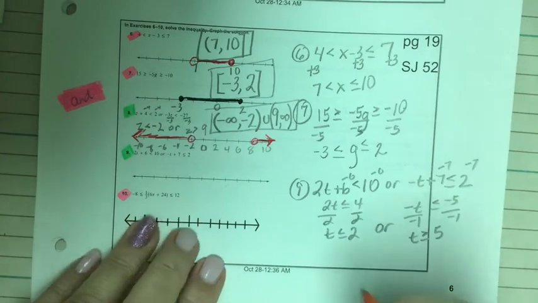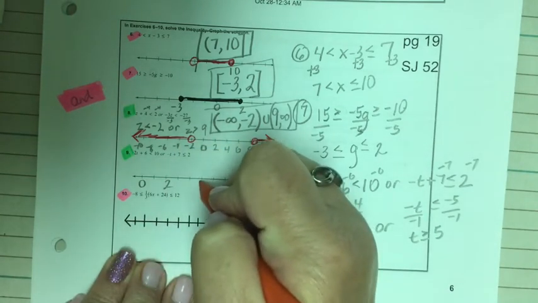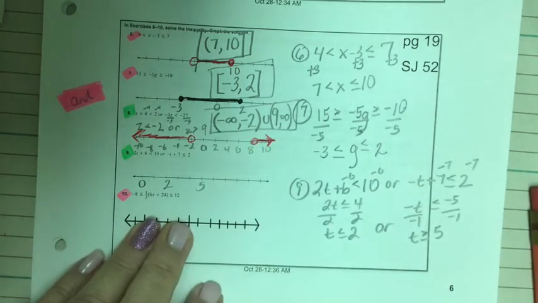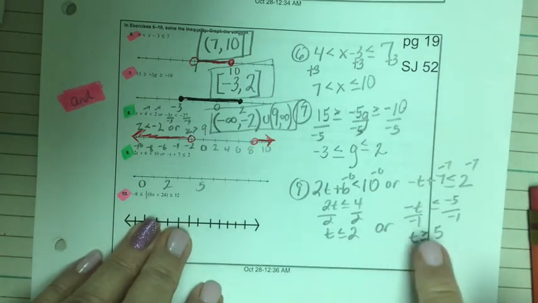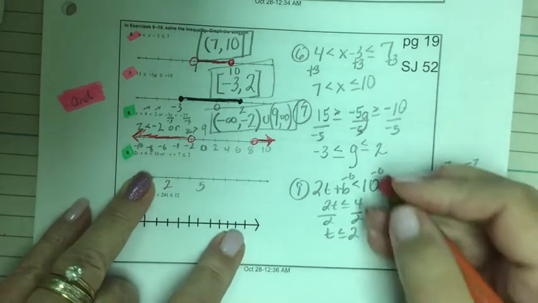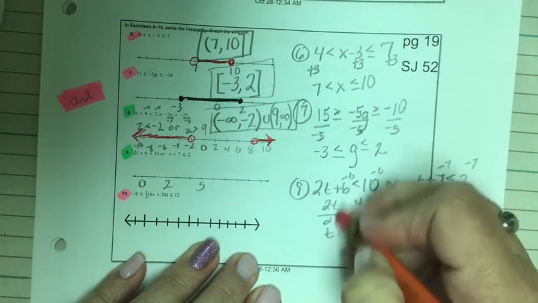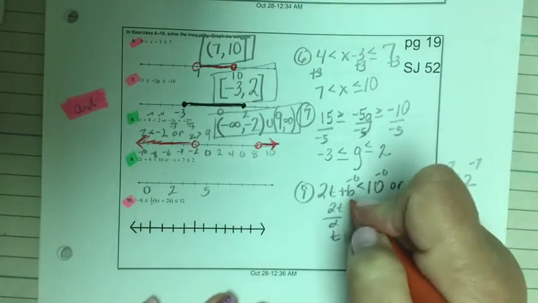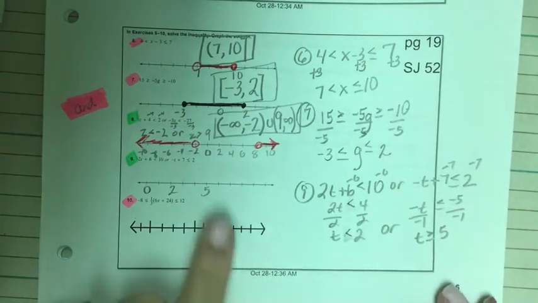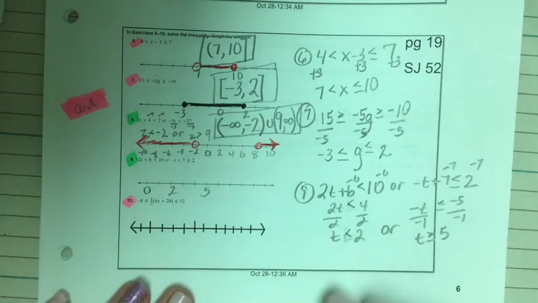Now I'm going to put those on a number line. I'm going to put 0, 1, 2, 3, 4, 5. I'm going to put closed circles. Uh-oh, I messed up. Don't just add. Don't just make it equal to. I did. Don't do that. Is this one right? Yes. So that changes it. I'm going to have an open circle on 2 and a closed circle on 5.